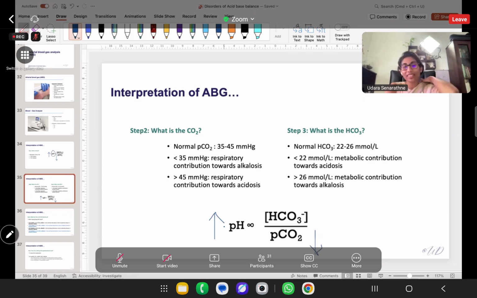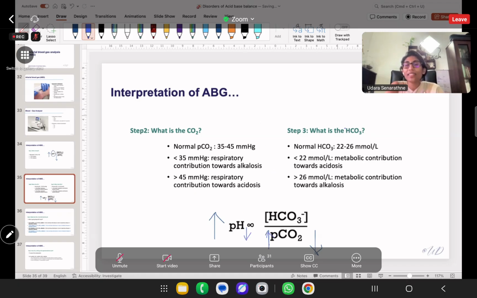And if this pattern is seen, then you can see that the reason is the respiratory component contributing to the pH. And if the pH is decreasing and PCO2 is increasing, then it is the respiratory component.